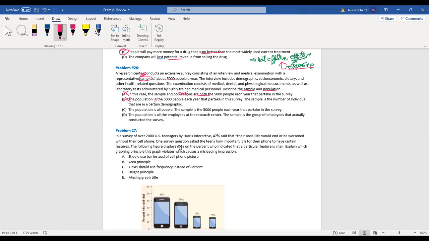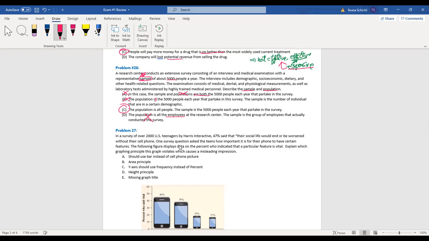The population is all people, and the sample is 5,000 people each year. Yes, this is the one, because they did not specify the population, so we assume the population is all the people. Then this option says the population is all the employees. No, for this research center, we do not say it's all the employees.